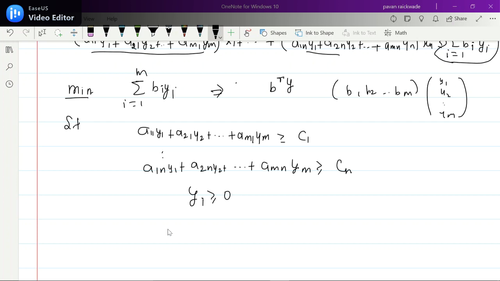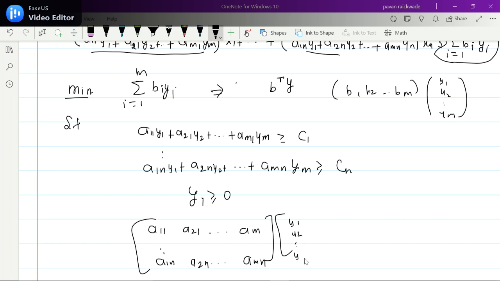And the constraints in matrix form are the matrix with rows a11, a21 up to am1, then a1n, a2n up to amn, times y1, y2 up to ym, greater equal to c1, c2 up to cn.